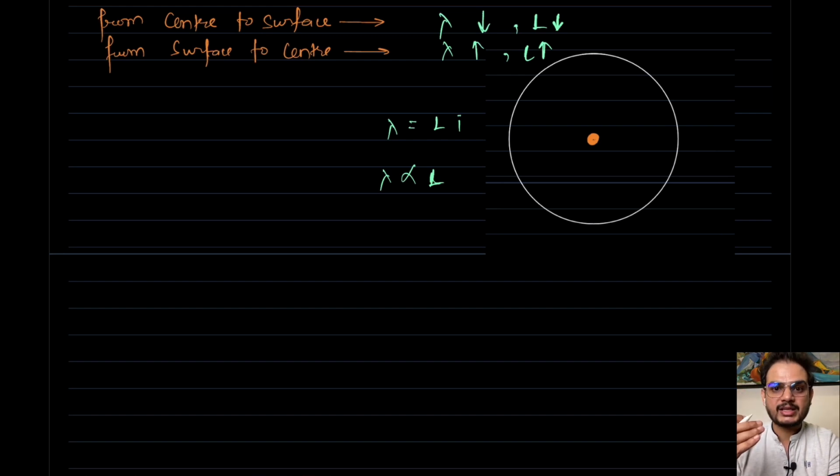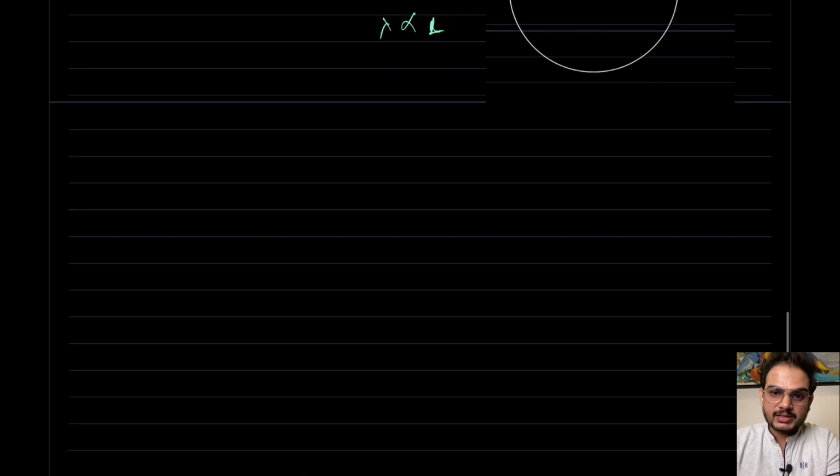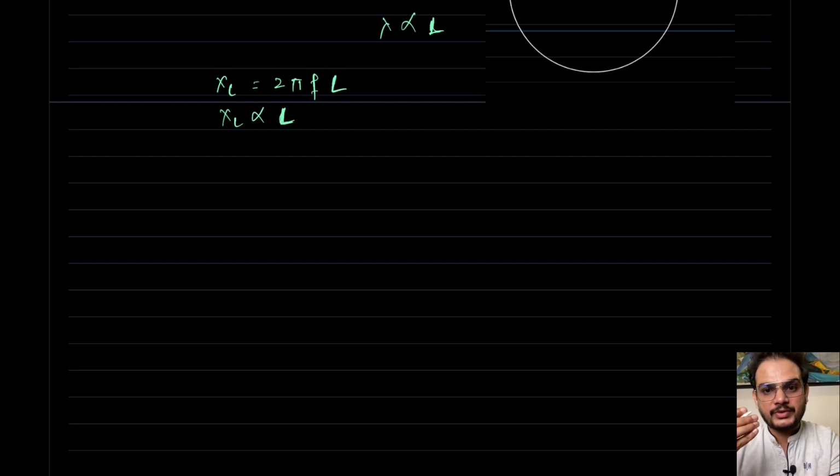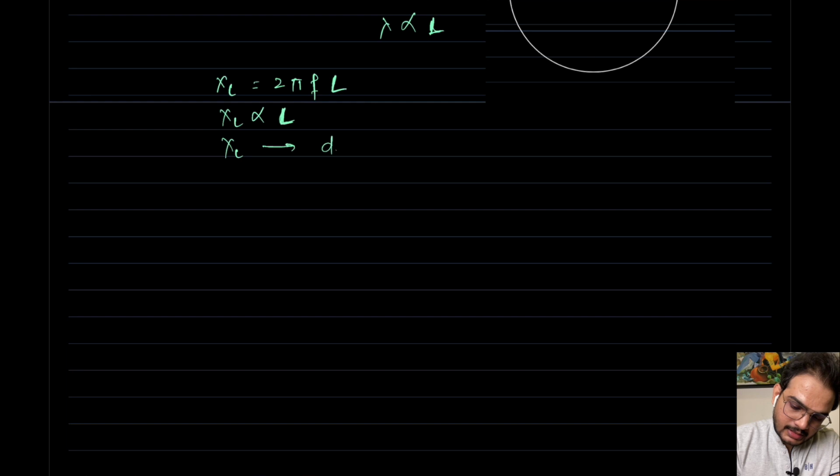And we know that inductive reactance XL is equal to 2 pi F L. So this inductive reactance is directly proportional to inductance. As inductance is decreasing from center to surface, my inductive reactance will also decrease from center to surface.